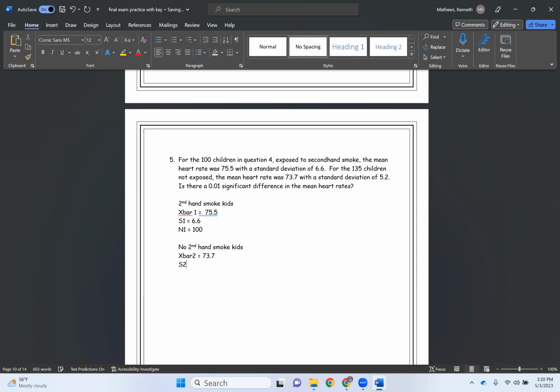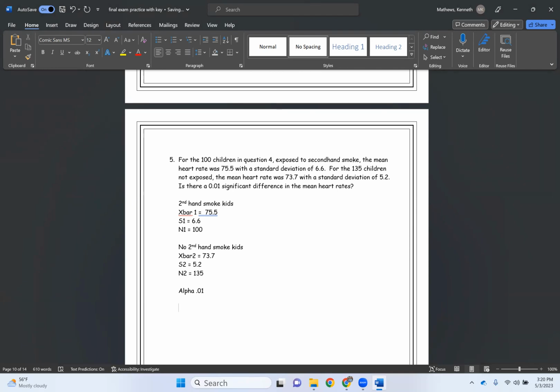Standard deviation 2 is equal to 5.2. And N2 was equal to, how many were there? 135. All right, and our alpha is 0.01.